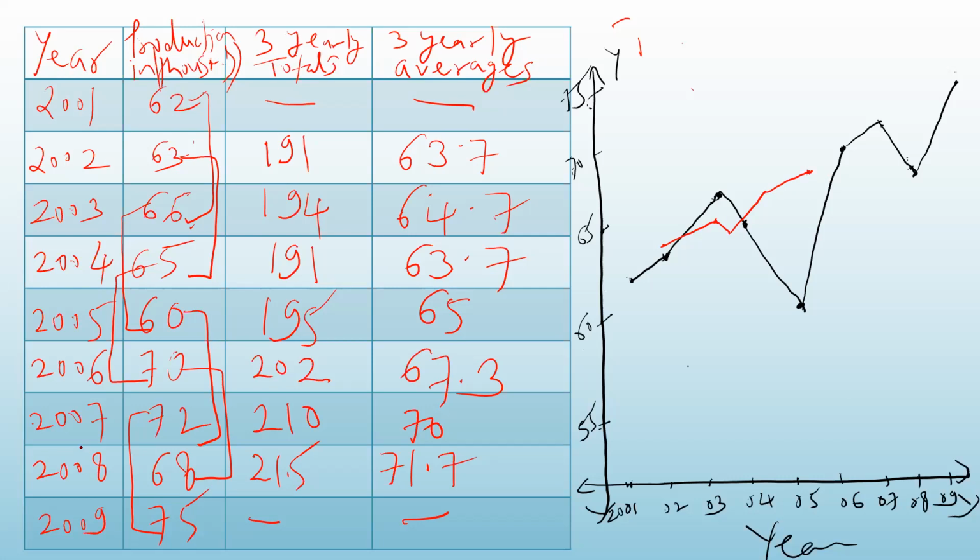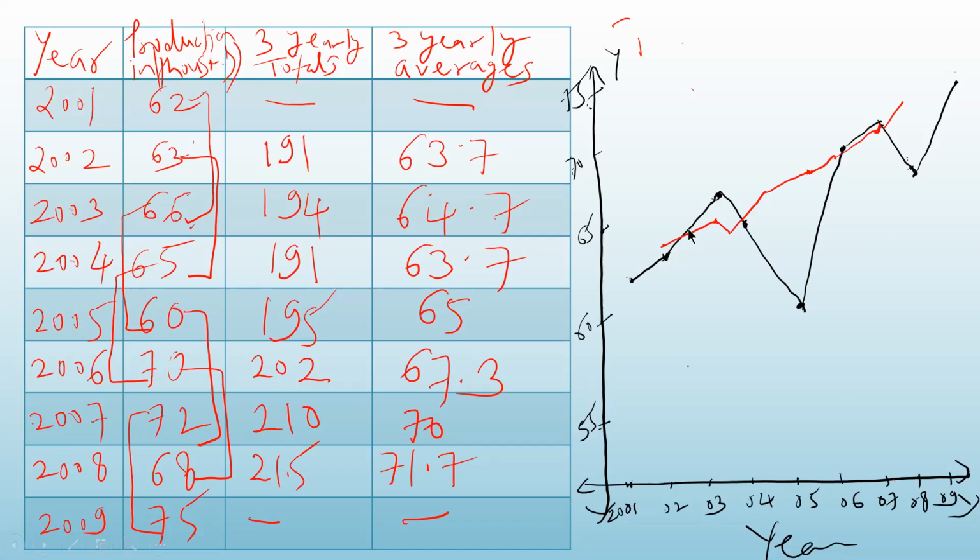For 2007 it is 70. So it is like this for 2007. Here 70. And then 2008 it is 72. So it has increased again, 72.